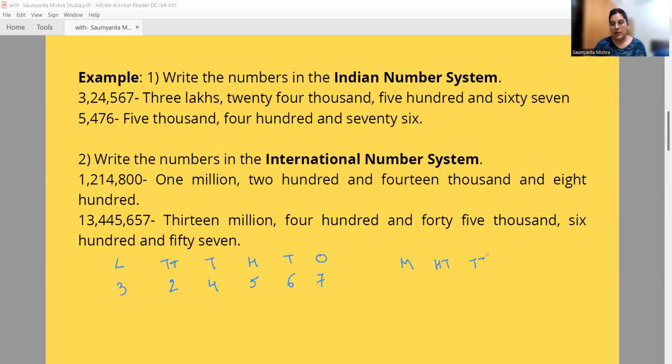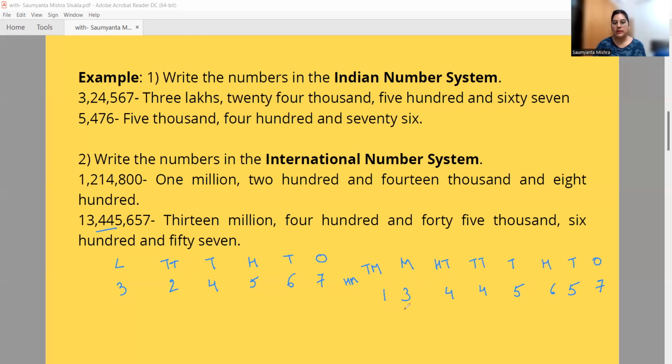Similarly, for the international number system, we can draw the chart as million, 100,000, 10,000, thousand, hundred, 10, and 1. We also have 10 million and 100 million. So if we have to write the second number in the international number system, then we can write it as 1, 3, 4, 4, 5, 6, 5, 7.